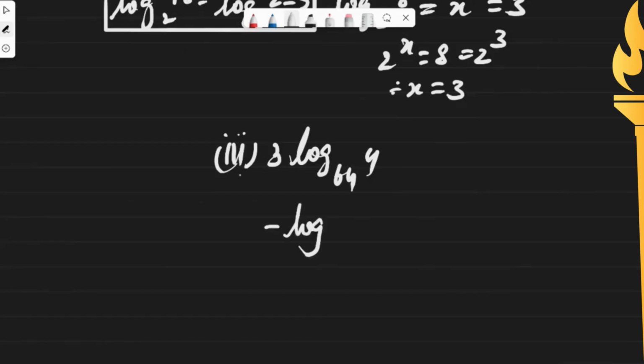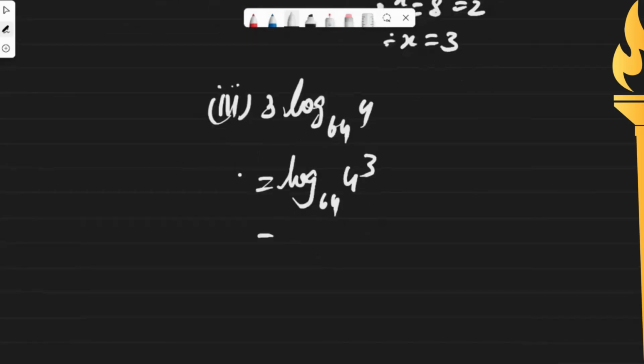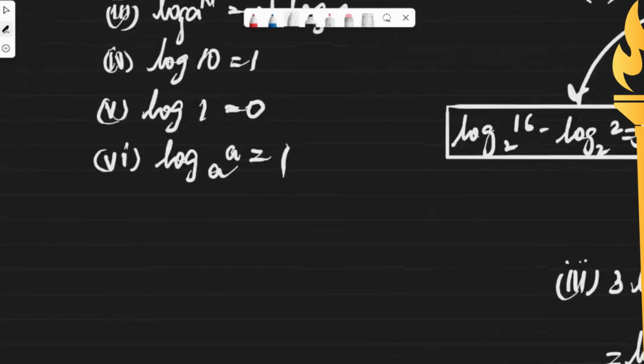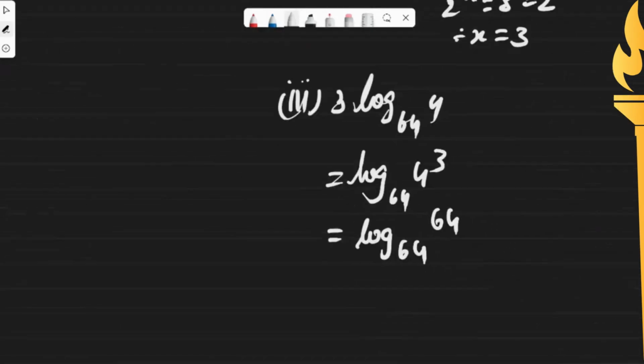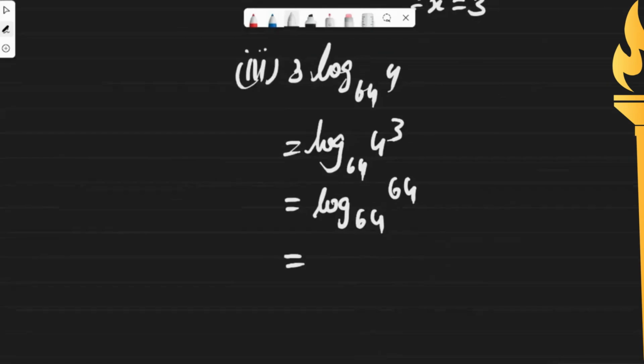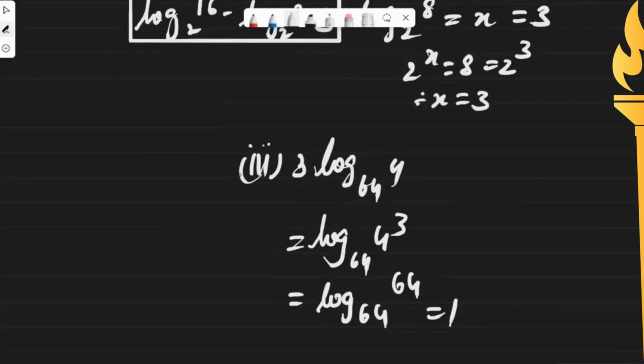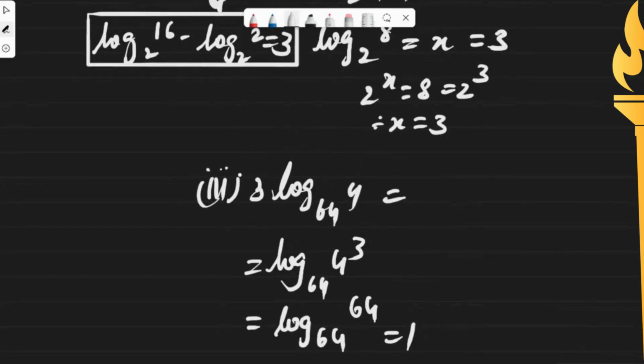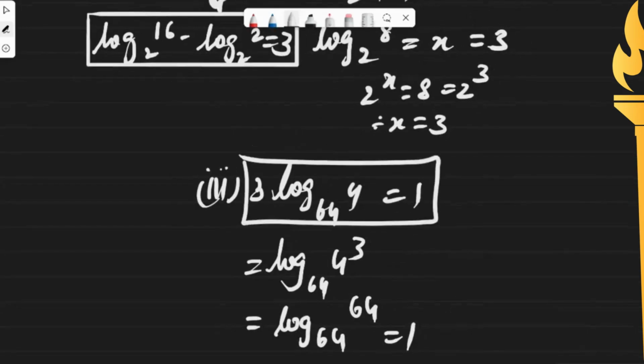So this will be equal to log 4 cube base 64. What is 4 cube? 16 into 4 is 64. So log 64 base 64. And we have the last one here, the sixth one, which is log a base a is equal to 1. So log 64 base 64 is 1. Therefore 3 log 4 base 64 is 1.